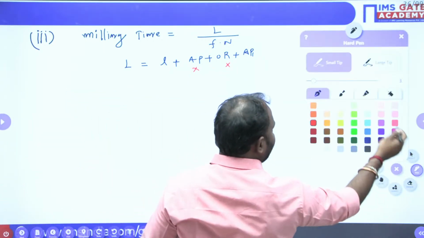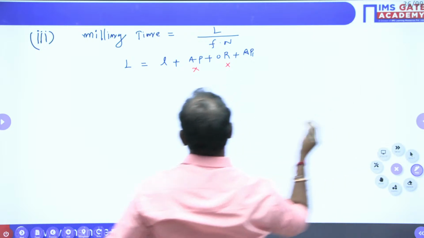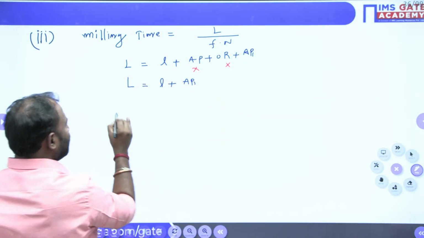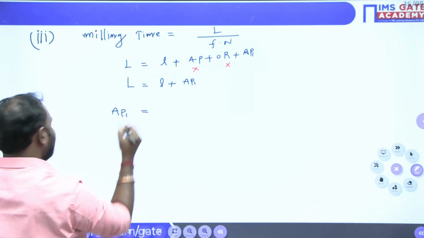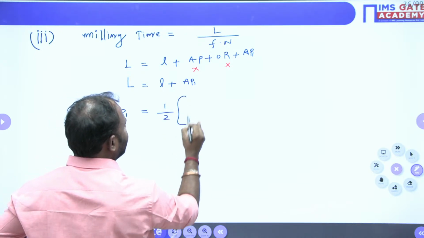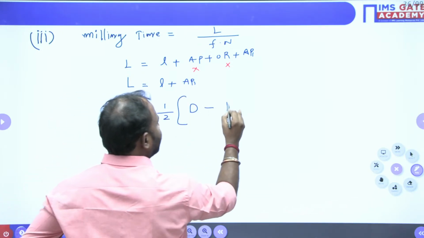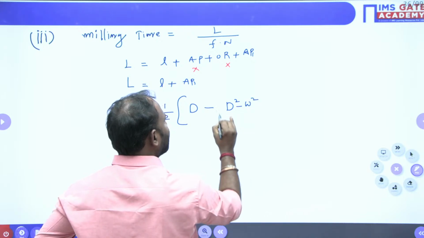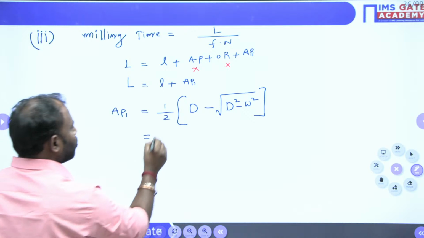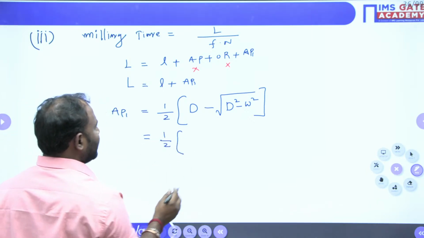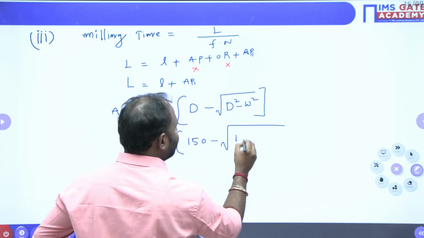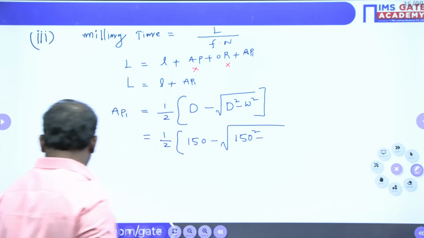Now my length of the tool travel equals length of the job L plus AP1. Let me calculate AP1. AP1 equals half into D minus square root of D square minus W square. So half into D, 150 minus square root of 150 square minus W square.